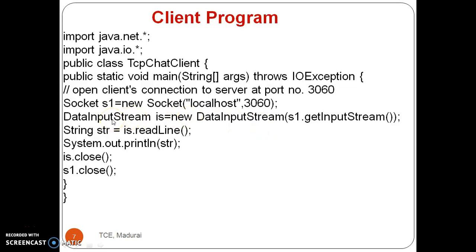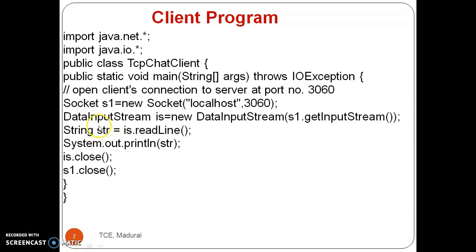Now again, data is in the form of a byte stream, which cannot be directly displayed by using System.out.println. So we need to convert the byte stream into a string by using the readLine method. This syntax is used to convert your byte stream into the string data type.